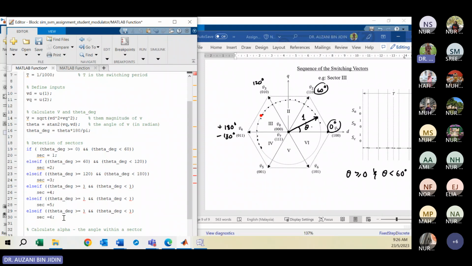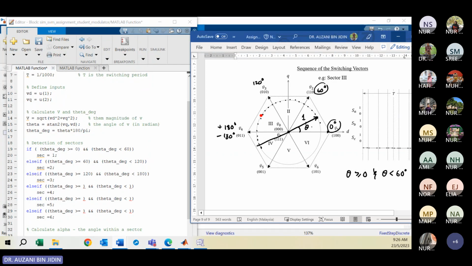Yalah, check lah. Okay, how to detect sector 4? So since the angle is negative value, you can imagine now your reference will be here. To detect the sector lies in sector 4, this sector, so mean your angle should be what?